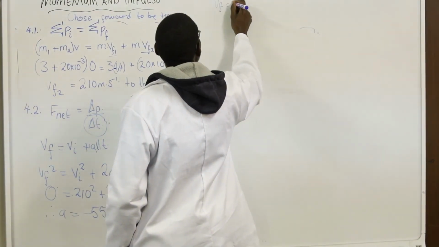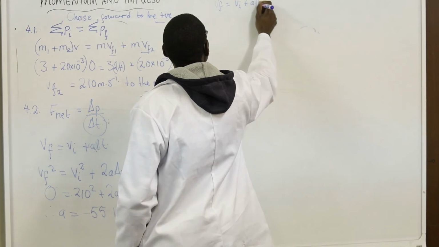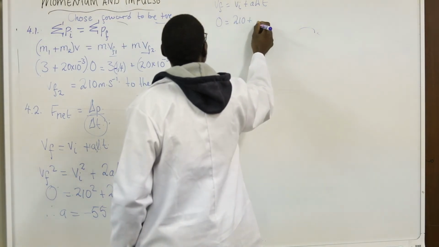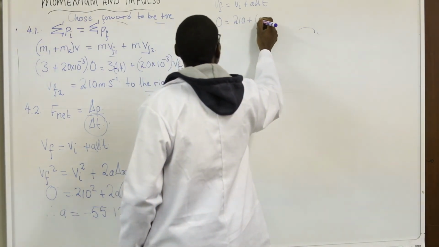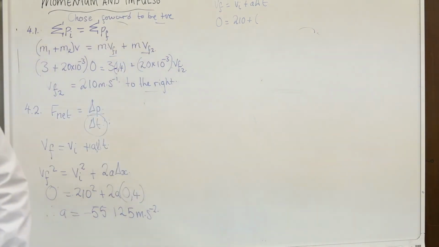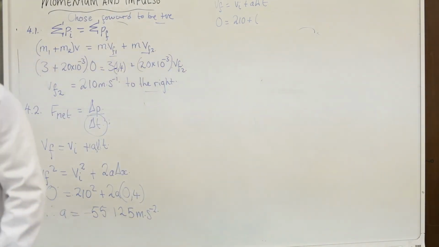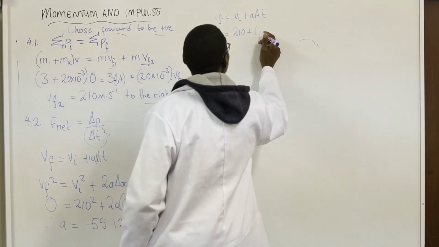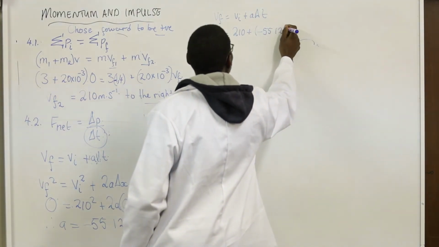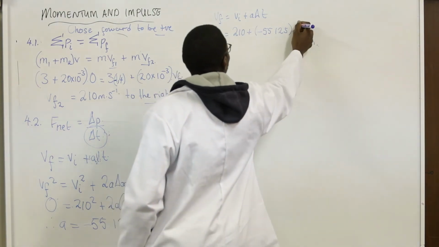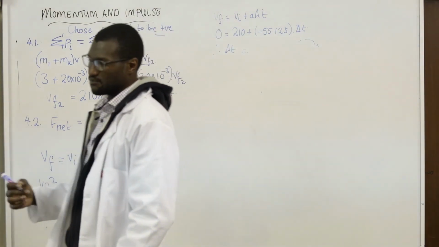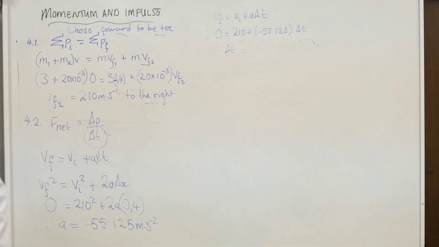So V final is equal to V initial plus a times change in t, so that's 0 equals the V initial 210 plus, all right, a value of minus 55,125 times change in t. Therefore, the value of change in t is 0.004 seconds.